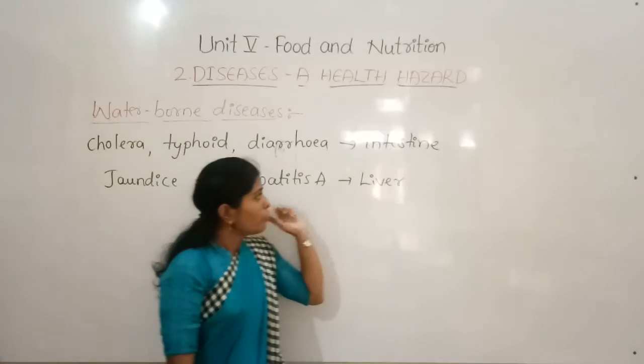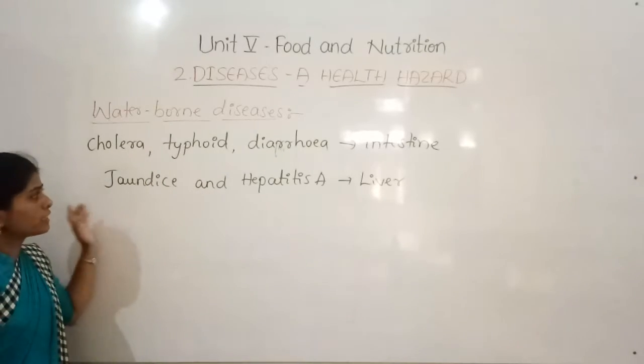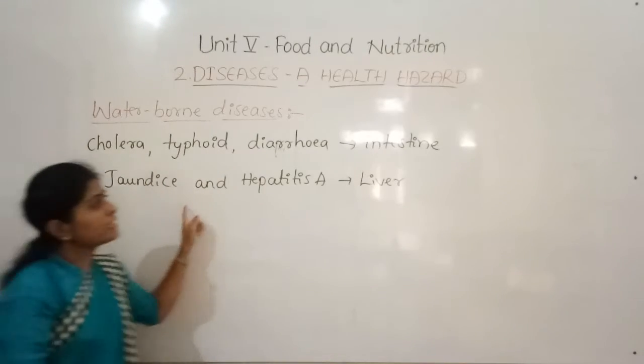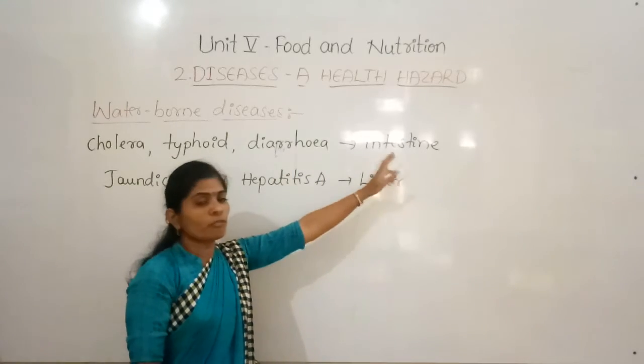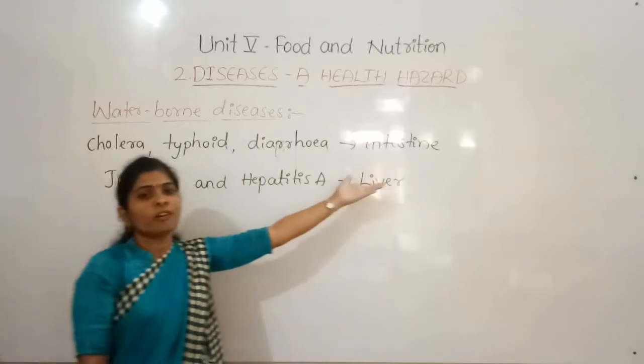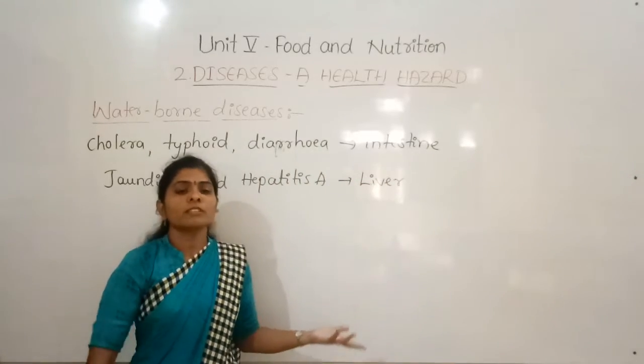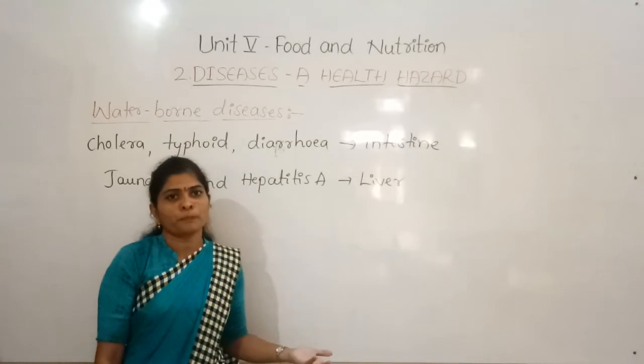When we are affected by these waterborne diseases, they affect these two organs of our body, the intestine and the liver. Both are important organs, so if these organs are damaged, sometimes it leads to death also.